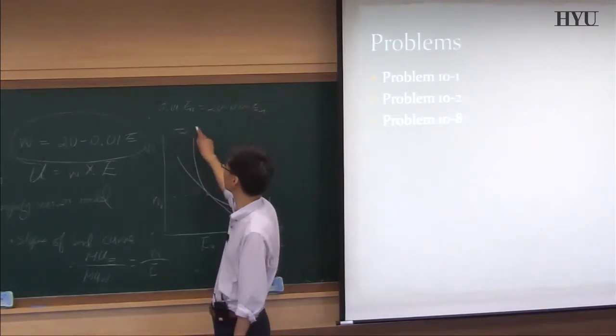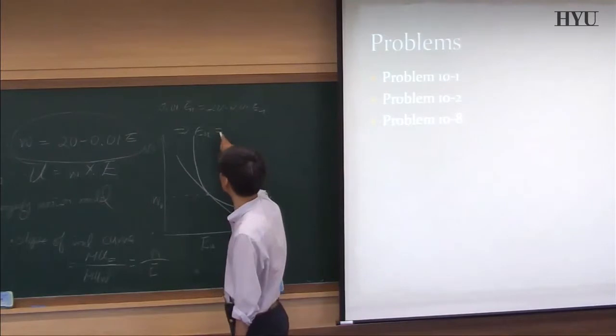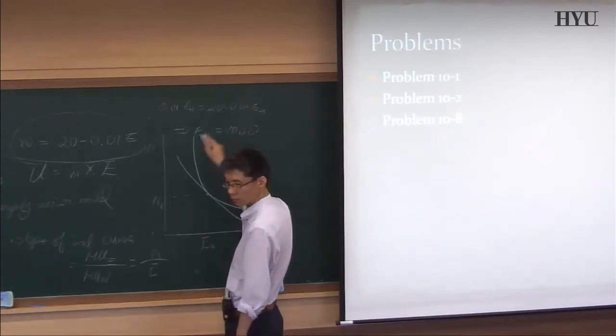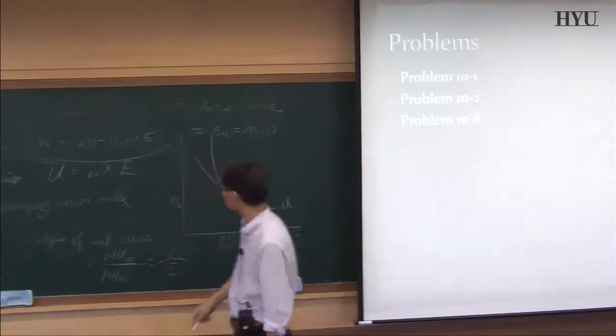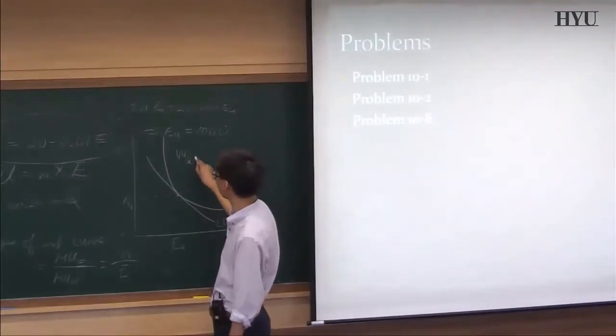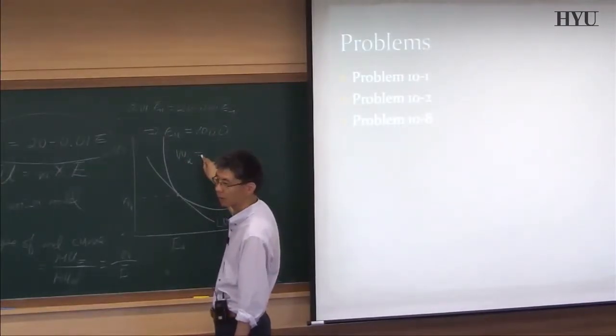It means E_U must be 1,000. So E_U is 1,000, and W_U must be $10.